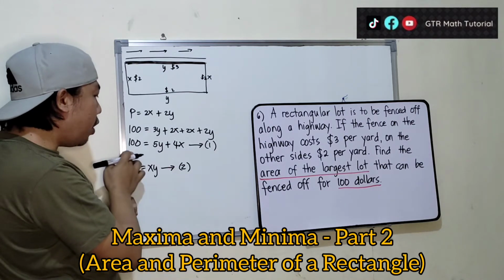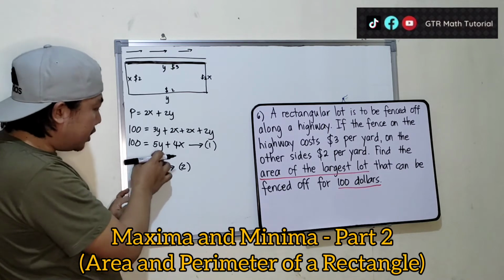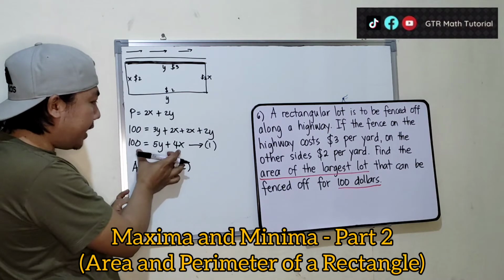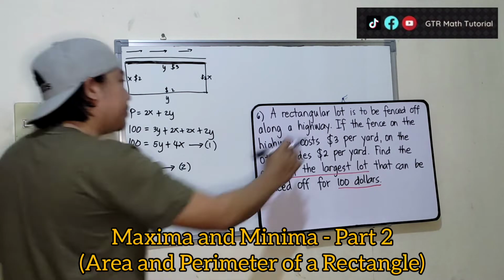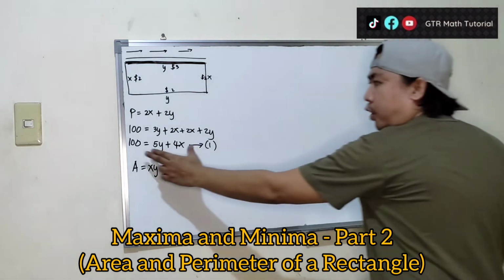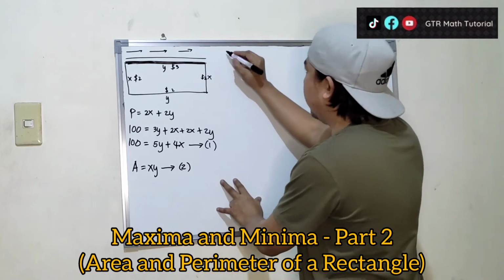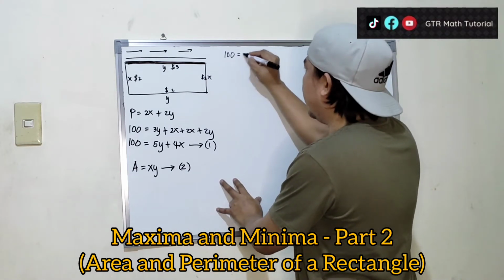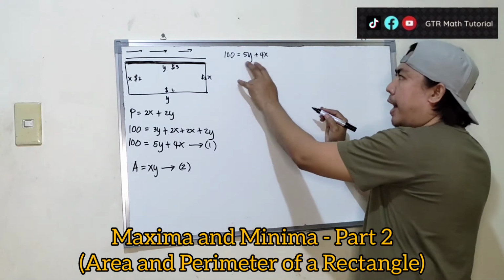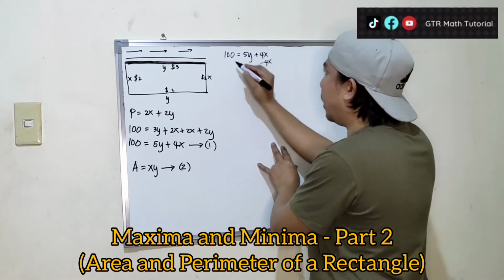Using the equation 100 equals 5y plus 4x, let us solve for y so that we can express area in terms of x only, then substitute in equation number 2. So we have 100 equals 5y plus 4x. Solve for y: we must isolate y, so subtract both sides by 4x.